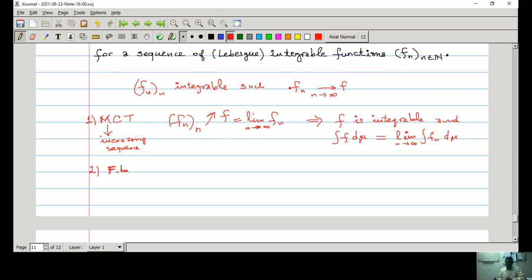Can we take the limit under the integral sign? The best is that the integral of the limit, that is the integral of f, which I will replace here.